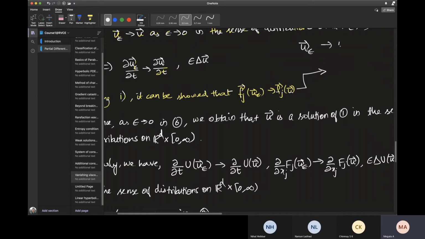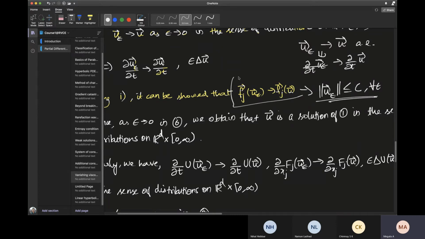So basically u vector epsilon approaches u vector almost everywhere. So from this we got this. And this one has been obtained from the condition that the norm of u vector epsilon is less than or equal to c for all epsilon. Using this condition, they have obtained this.